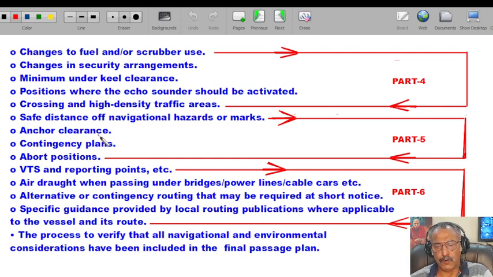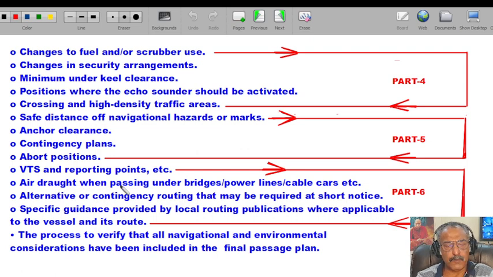What else you want to know besides those 3 lectures I have broadcast in the anchoring series. So this is part 5. And of course contingency plan and abort position, which concludes part 5 as per what I have drawn here. Part 6, the final, will be regarding VTS and reporting points, etc.